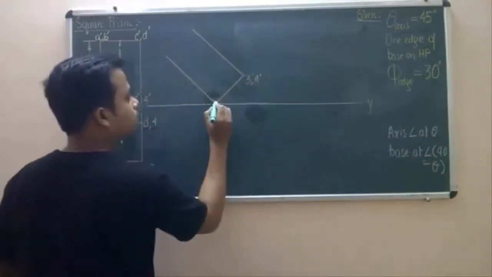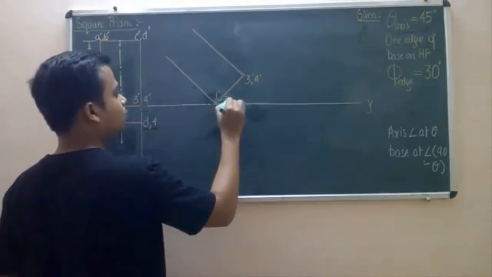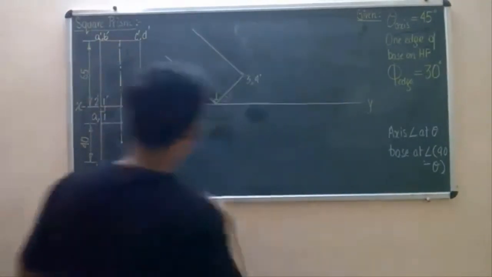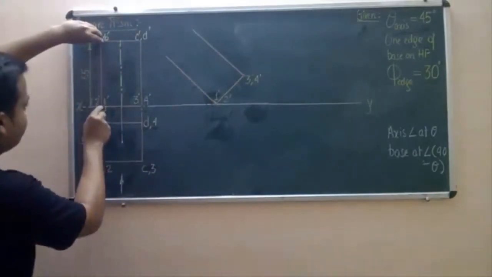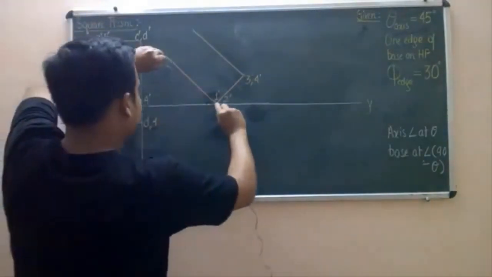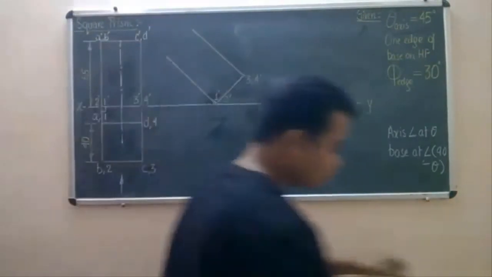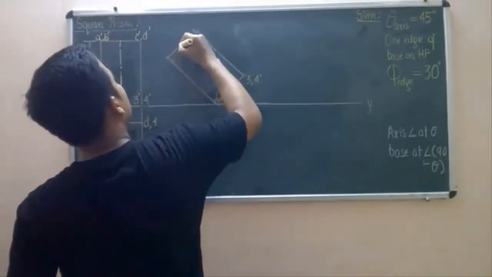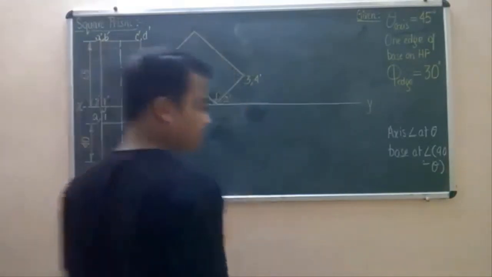Now, here we have a point in the name of 1 dash, comma 2 dash, this point, right? And the points above at the top are AB and CD. So let us first locate AB. That's AB and that's CD for you. Let us join them. Okay.